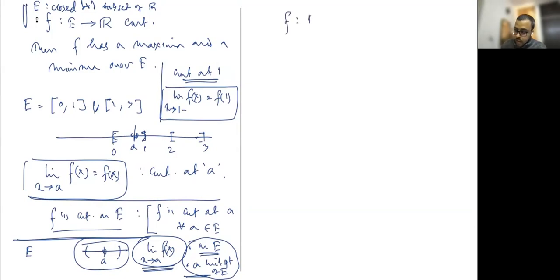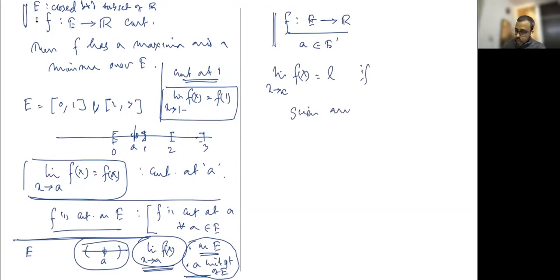Let's say f is defined on E and a is a limit point of E, then you say that the limit of f(x) as x goes to a is L if, given any epsilon positive, there is a delta positive such that, the next part you have to make a slight modification.